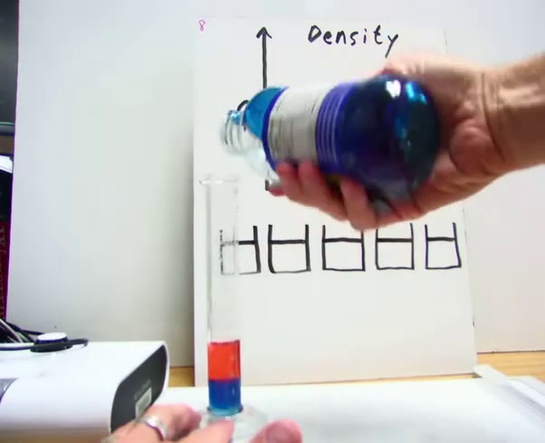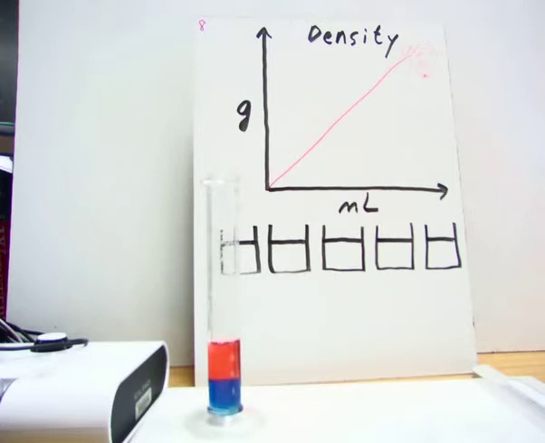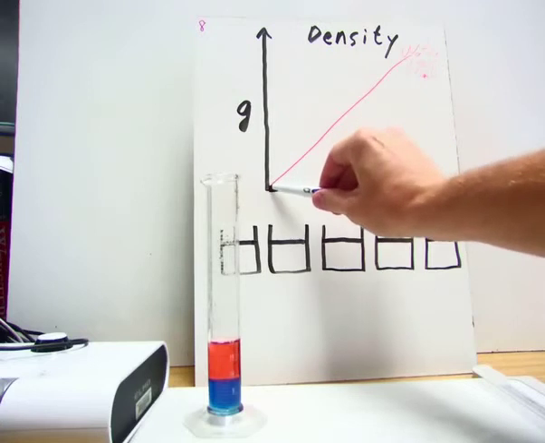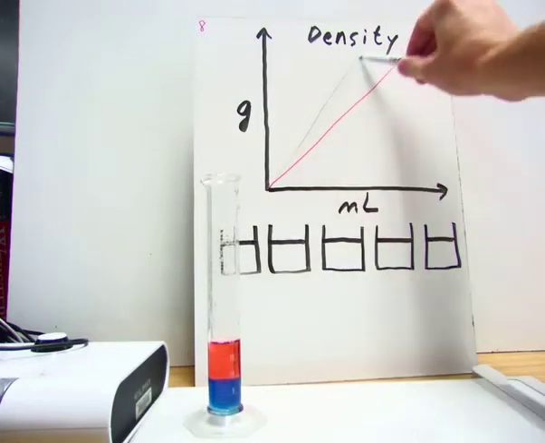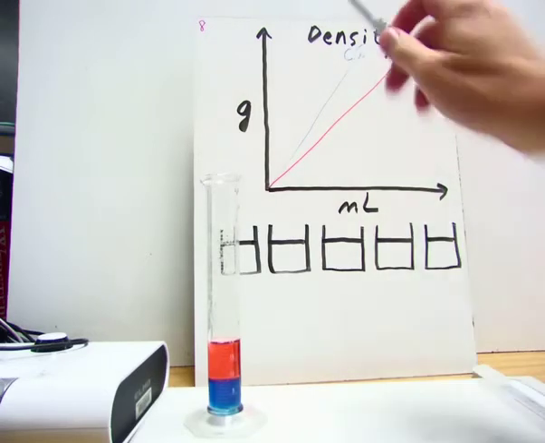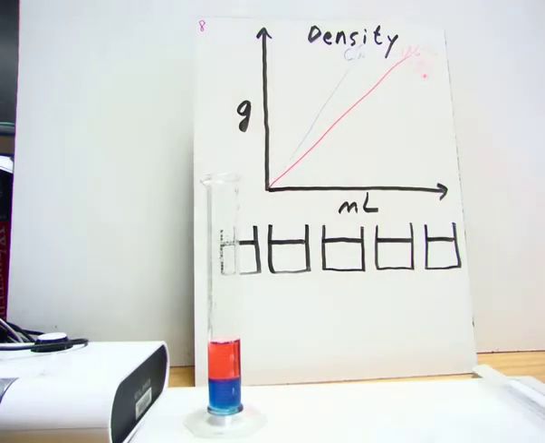I think it's pretty obvious to see that the corn syrup is certainly more dense than the water. So for every milliliter, the corn syrup has more mass. Its line is steeper, it has a higher slope.